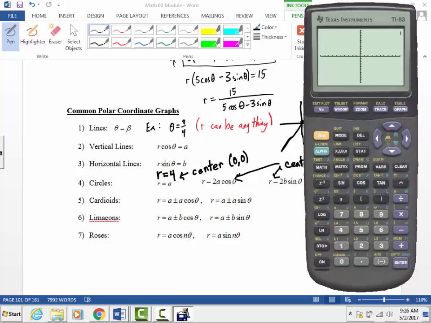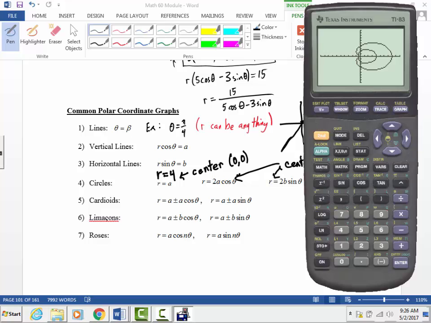Let's graph that. Let's do 4. 4 plus 4 cosine theta. See the shape of it?